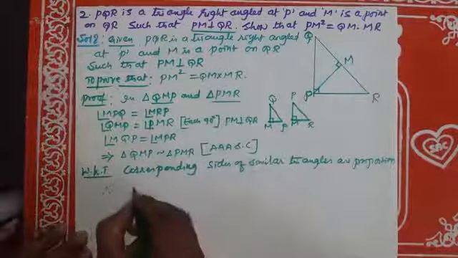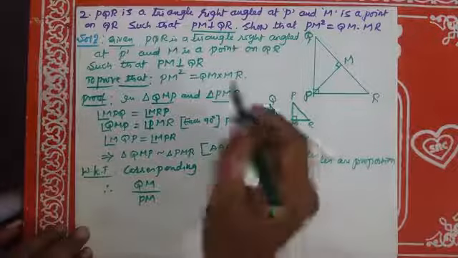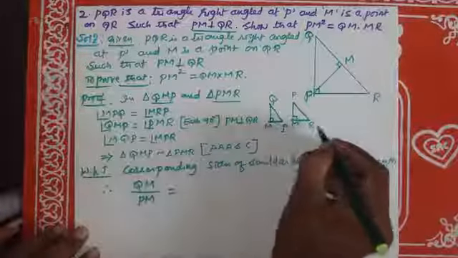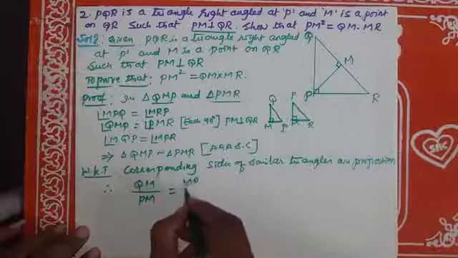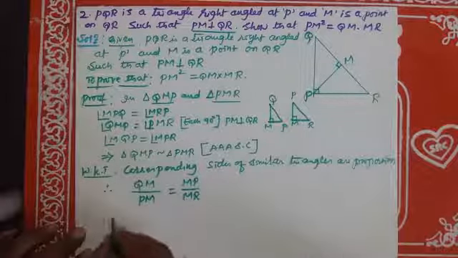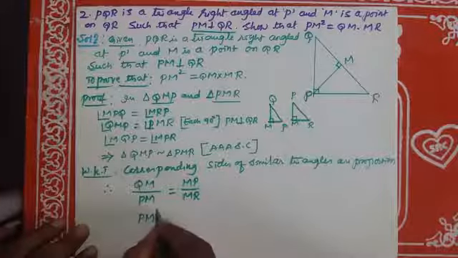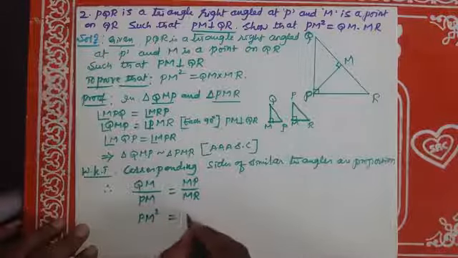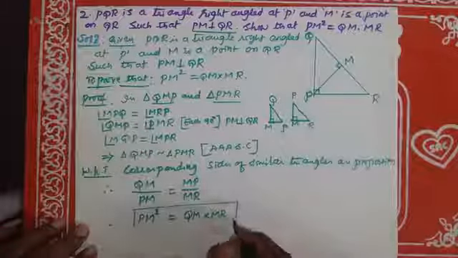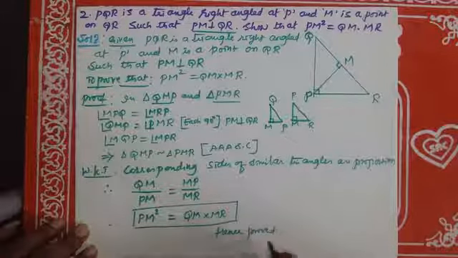QM divided by PM is equal to MP divided by MR. Because we need to prove that PM square is equal to QM into MR. See here, PM and MP both are the same. Therefore, cross multiply. PM square is equal to QM into MR. Hence, proved. Okay.